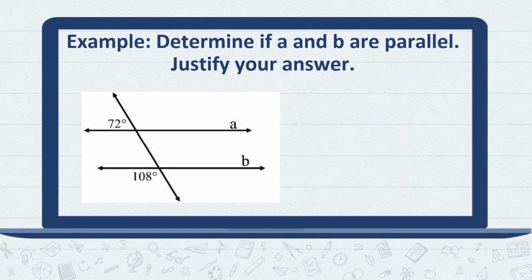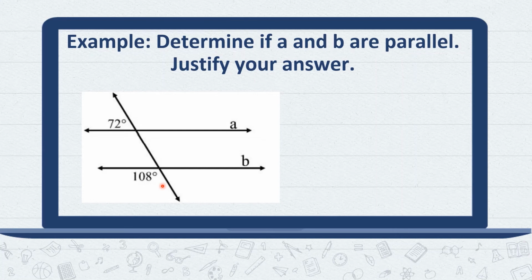Now that you know the different postulates and theorems, let's determine if line A and line B are parallel. In the figure, we have the given measurements 72 and 108. What relation exists between these two angles? Yes, the two angles are consecutive exterior angles, or yung tinatawag natin na same side exterior angles.